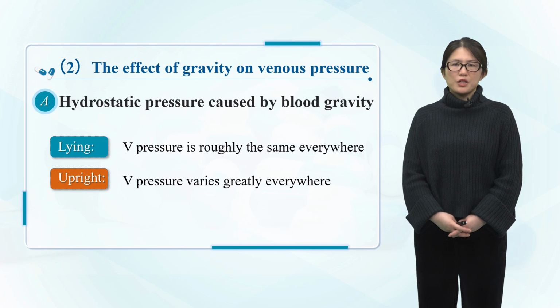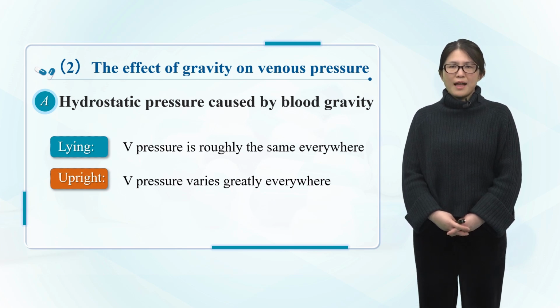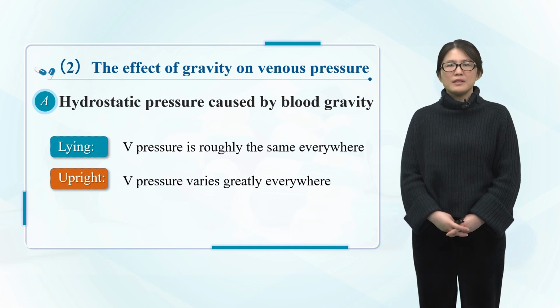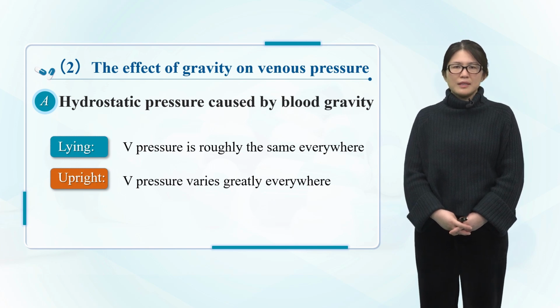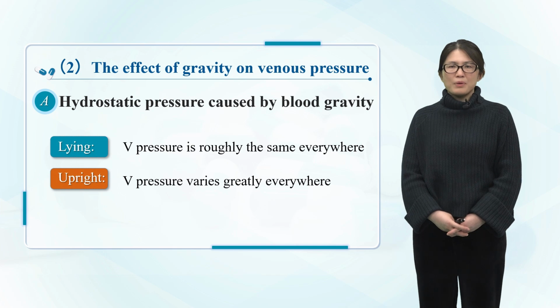When the human body turns from a supine position to an upright position, the blood pressure in the blood vessels of the foot is higher than that in the supine position, and the increased part is about 80 mmHg, while the intravascular pressure above the heart level is lower than that in the supine position.